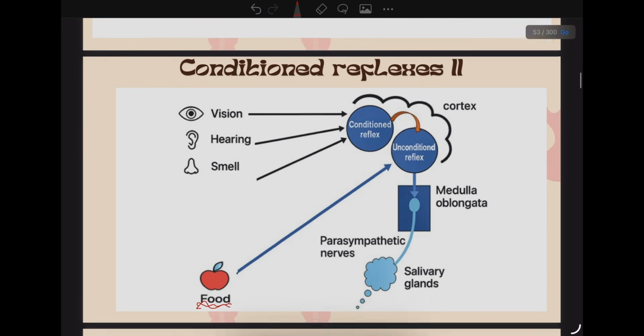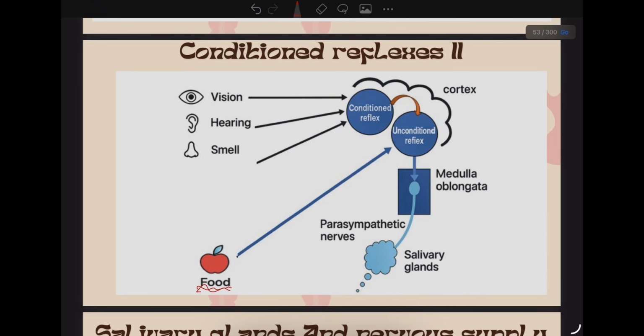And this is what happened with us throughout our life. We have our food, our unconditioned reflex. We were born this way, which means that each time we eat or see food, we start producing saliva and all of that.